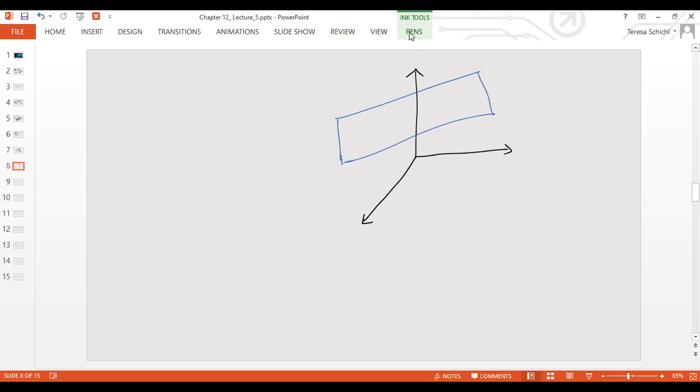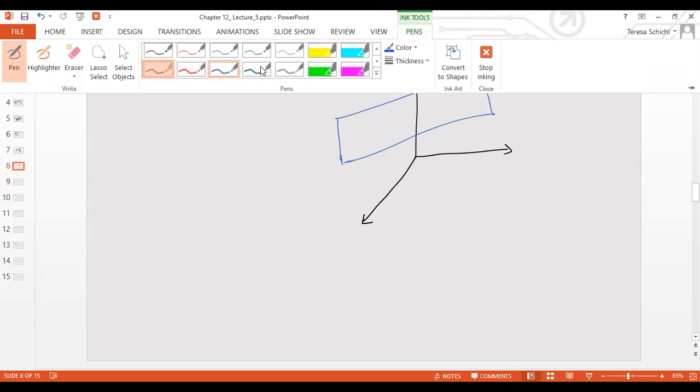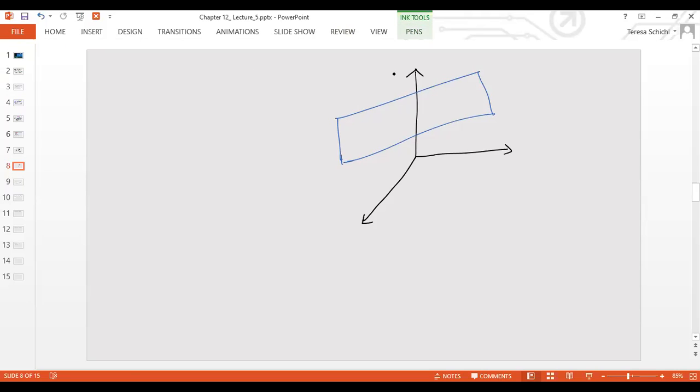A plane in R3 can be uniquely defined by what we call the normal vector. What is the normal vector? It's a vector which is perpendicular to this plane. This vector will uniquely define this plane.